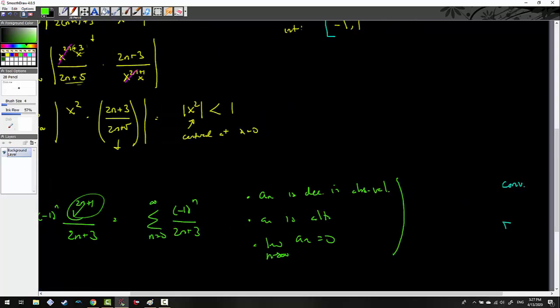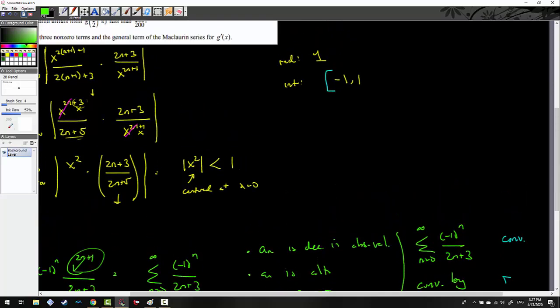So once again, the sum from n equals 0 to infinity of negative 1 to the n over 2n plus 3 converges by alternating series test. And what this allows me to do is put a hard bracket around that 1, and that wraps up part A.